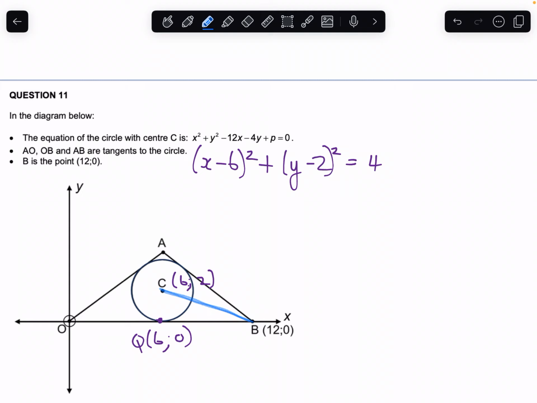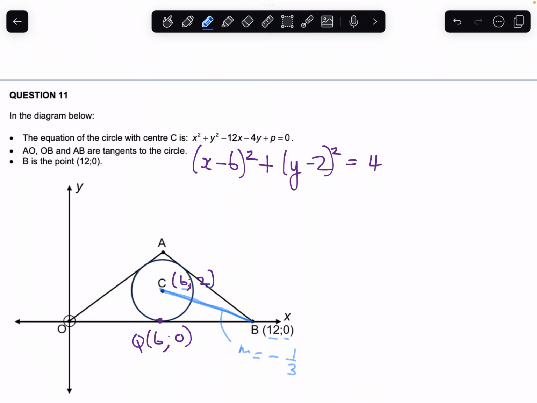Then the gradient of CB is 0 minus 2 divided by 12 minus 6, which gives us what? Negative a third. Yes. So it's negative 2 divided by 6. I agree, that is negative a third. So the gradient of that is negative a third.